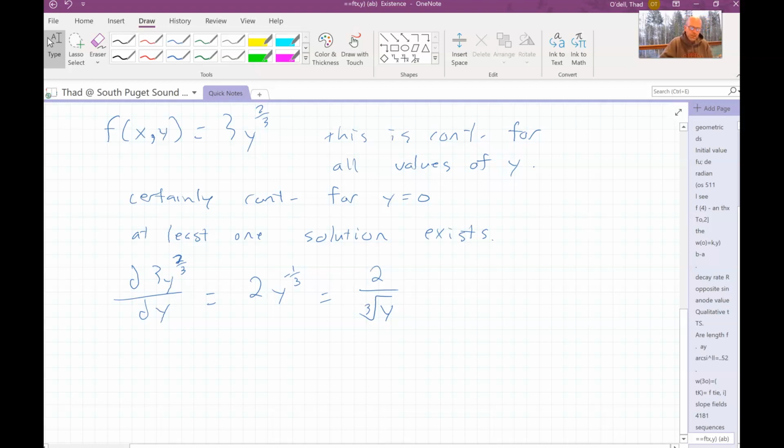This function is continuous everywhere except at y equals 0. So I certainly can't put a neighborhood around this point where it would be continuous, which means this fails the uniqueness test. So there is at least one solution, but there may be more. We don't know, because it failed the second part of the test.